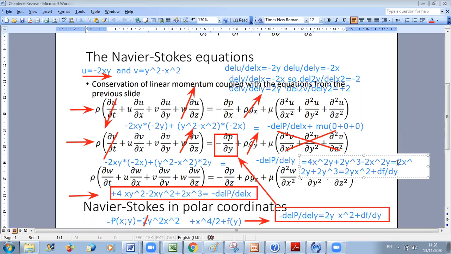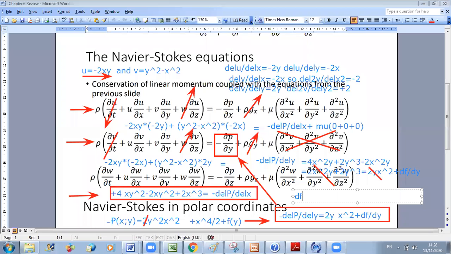You have the term 2x squared y repeating in both, so it will cancel out. So you deduce what df by dy is. The remaining term is 2y cubed. So df over dy is equal to 2y cubed.